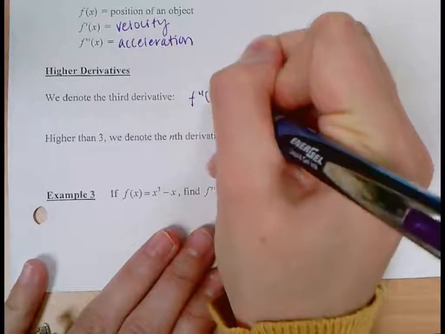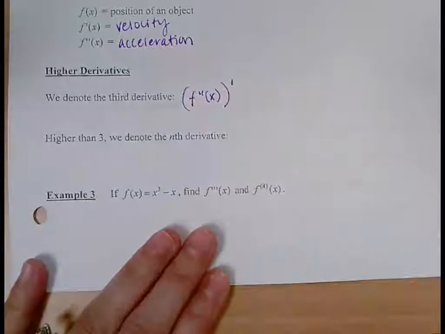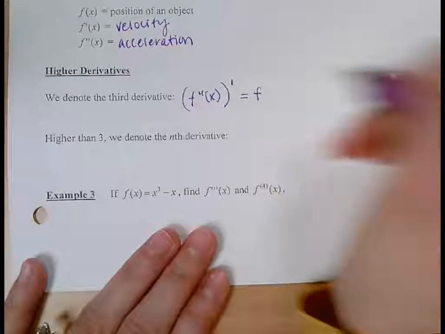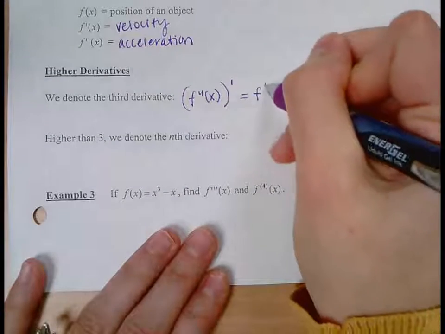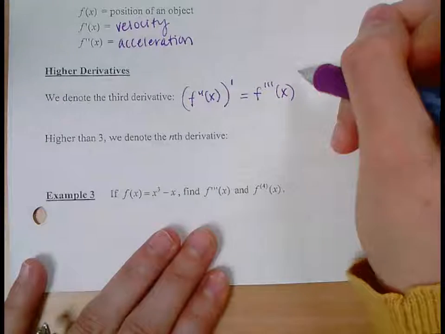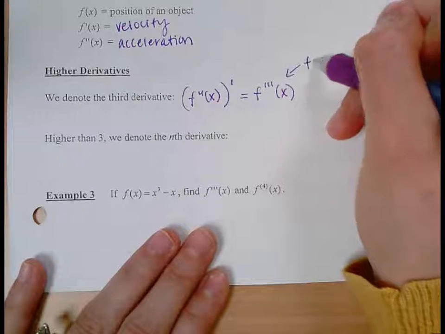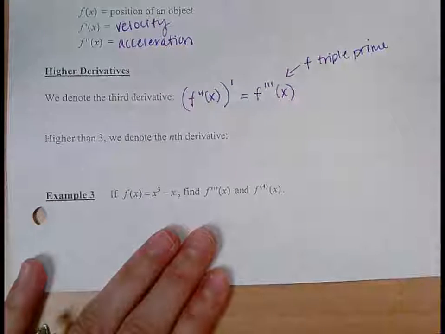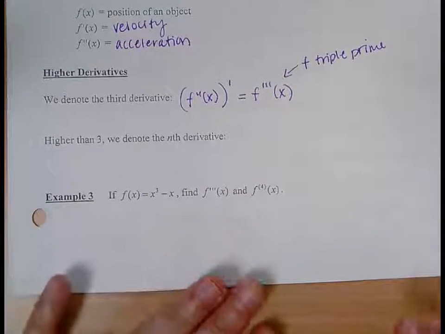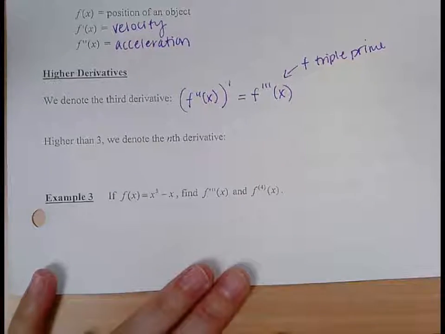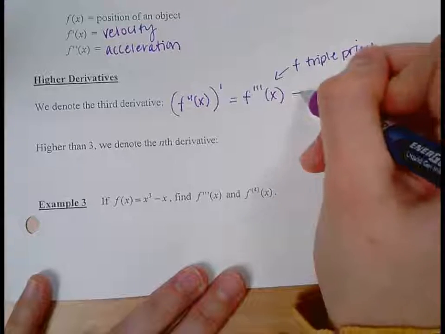So if you had f double prime of x and then you took the derivative of that, that is just written now with a third dash and is read as f triple prime. Or you could say the third derivative. So this would represent the slope or rate of f double prime.